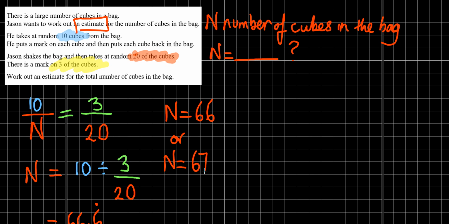If you've done statistics, this is the Petersen capture-recapture formula. So another way you can think of this is using the Petersen capture-recapture formula. So we could have N is a number, or N is a population.